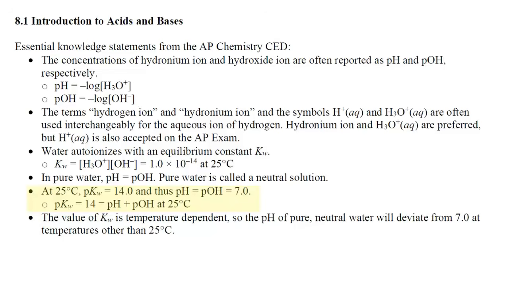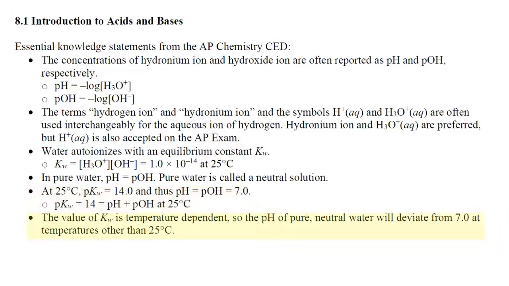At 25 degrees Celsius, the value of the pKw is equal to 14, and thus pH equals pOH, which equals 7. The value of pKw is equal to 14, and that is equal to the sum of pH plus pOH at 25 degrees Celsius.